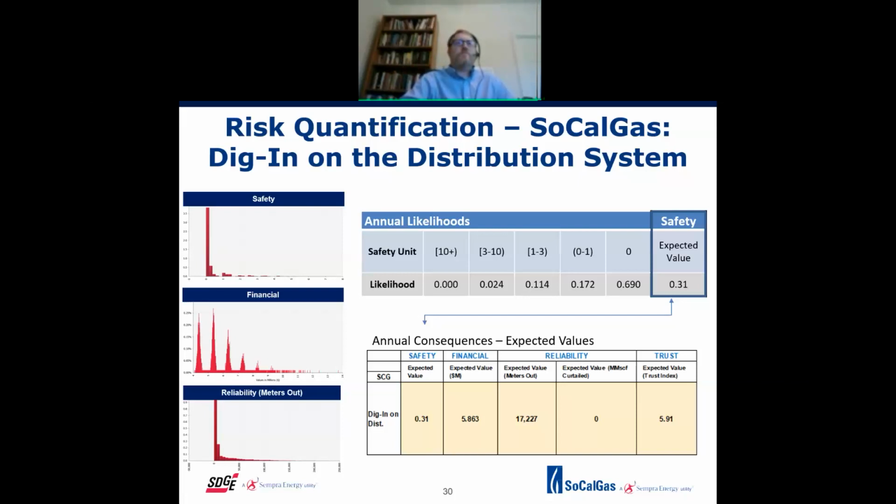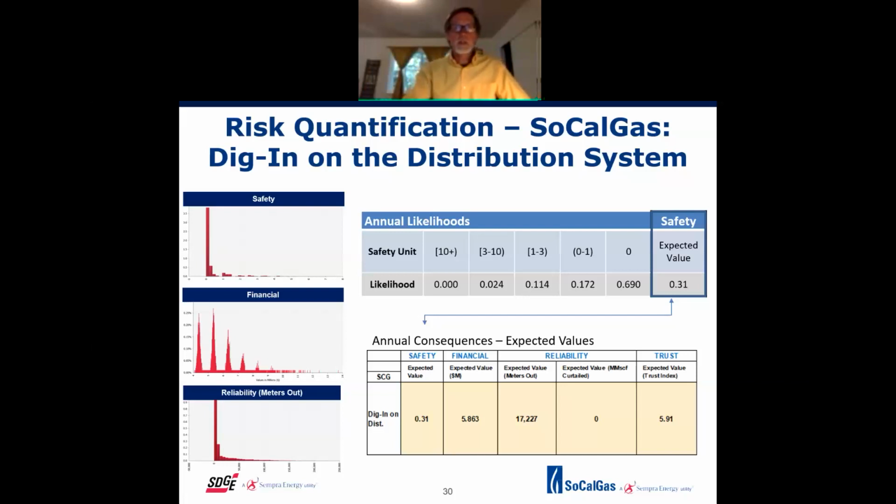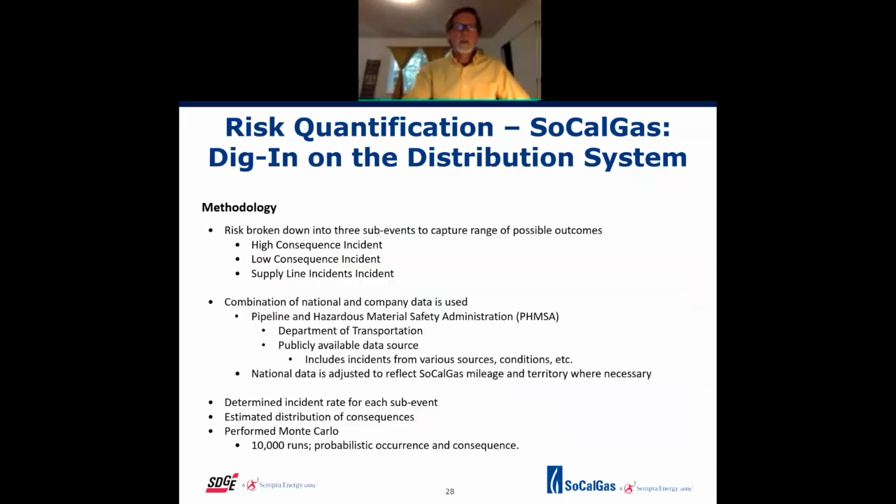So this is Tom. I have a different question, and it relates to slide 28. It's a little bit going to the data, and it's also revisiting the point I was trying to make earlier about the baseline.